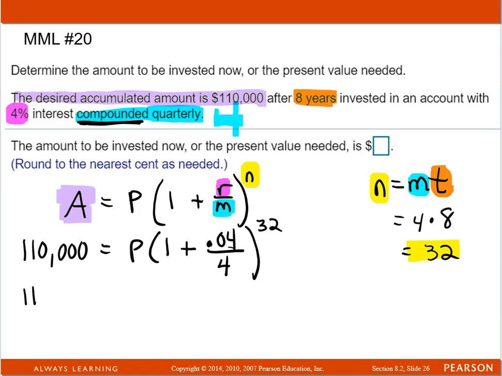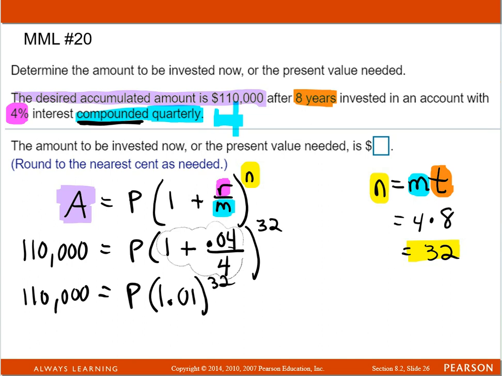Now, if you want, you can simplify the right side of the equation. You have to do order of operations, so you do the division first, 0.04 divided by 4, that's 0.01, and then add it to the 1 whole, and you'd have 1.01 raised to the 32nd power. And then the next part is just divide.